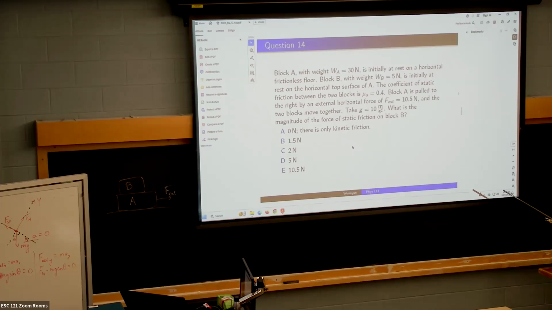A and B is on A and then floor on A. And technically A on floor.